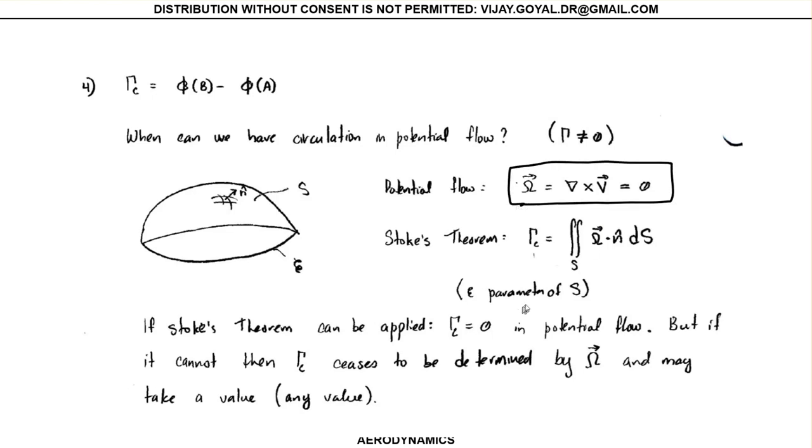So if you use the Stokes theorem, it would say that the vorticity is zero, so this gives you zero, but it really did not make sense because your circulation is not zero, because the potential function exists and is unique at the point. Okay, so the only way I can possibly apply the Stokes theorem is if my circulation is zero. If the circulation is not zero, then I cannot really apply Stokes theorem.